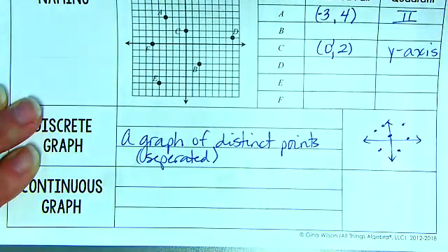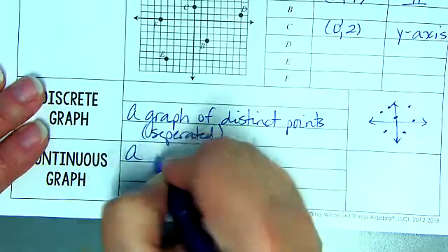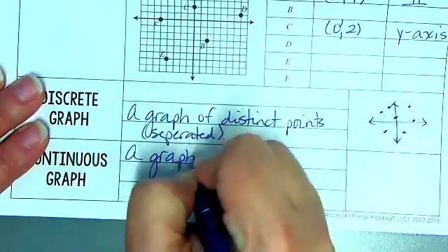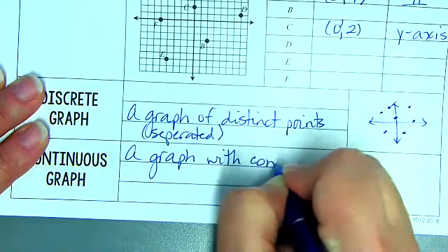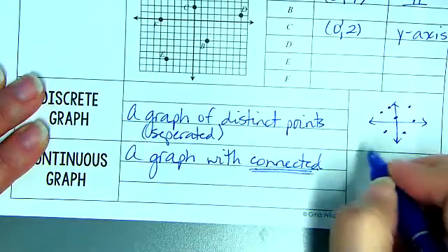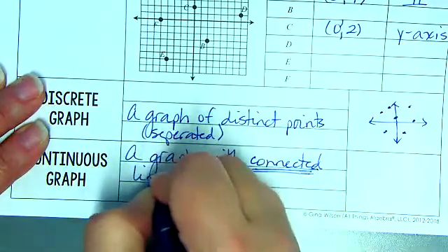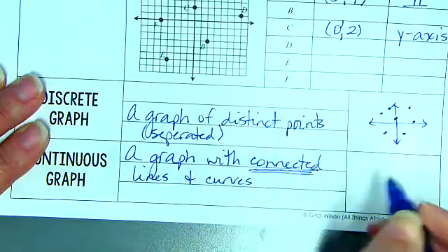They're separated. If I'm looking at a continuous graph, that is a graph with connected lines and curves.